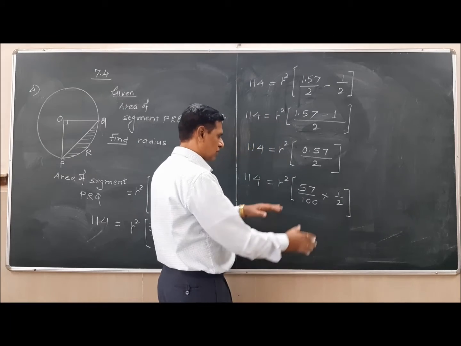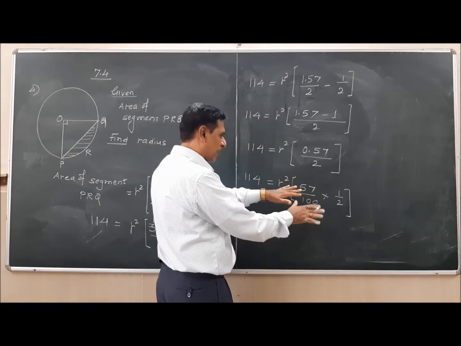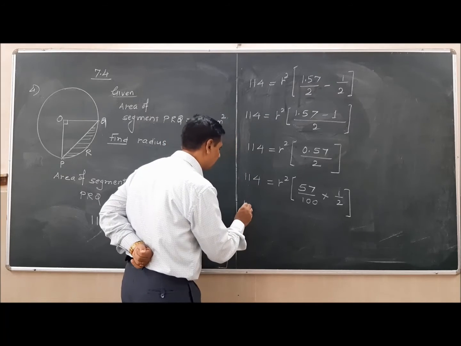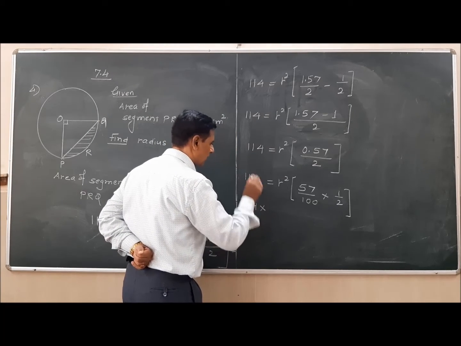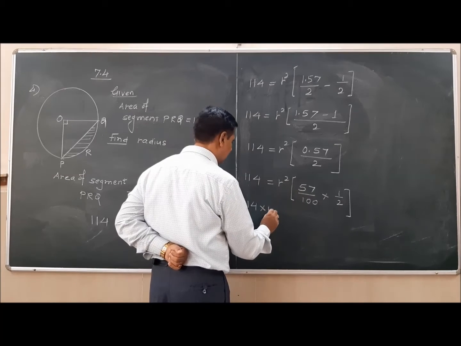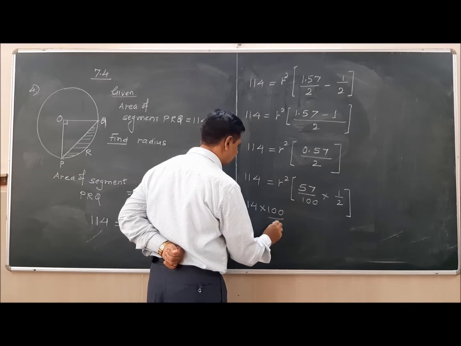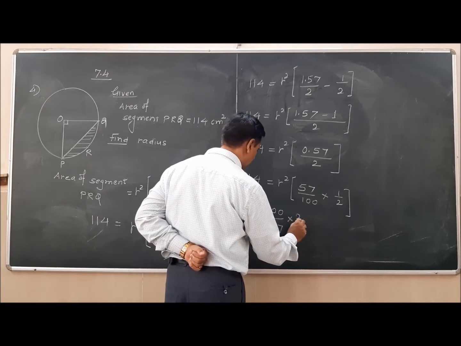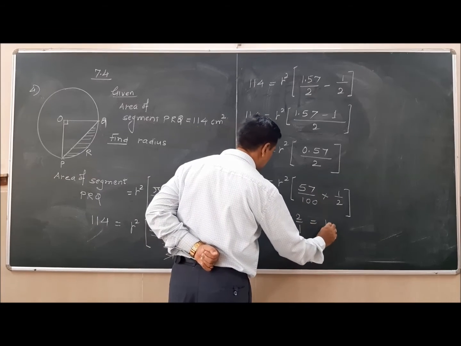Now I am going to transfer these two fractions to the left hand side by taking the reciprocals. So 114 multiplied by 100 upon 57 into 2 upon 1 is equal to r square.